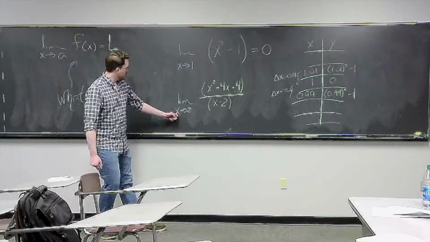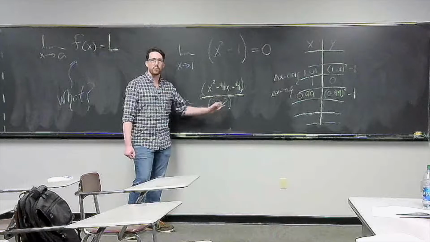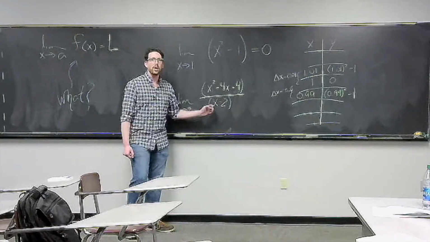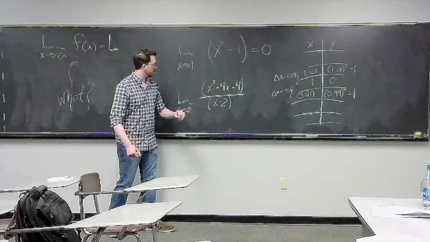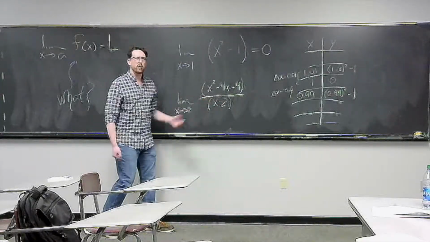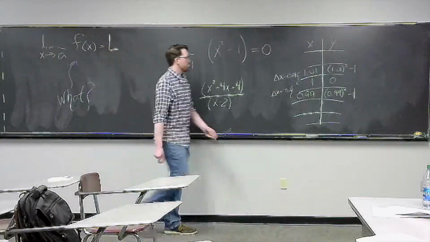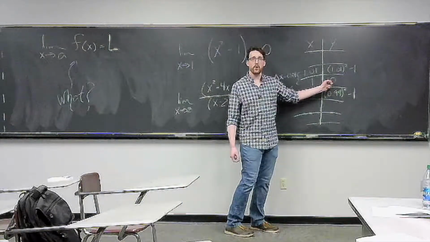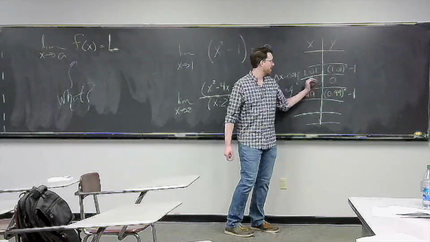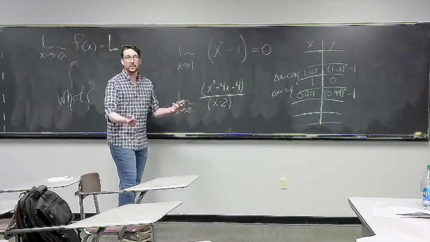Because, check it out, as x approaches 2, you'd have a 0 in the denominator if you were to just plug 2 into this, because 2 minus 2 is 0. So you can't evaluate that outright. So when you put it into a table, that row would just be 2 and does not exist.